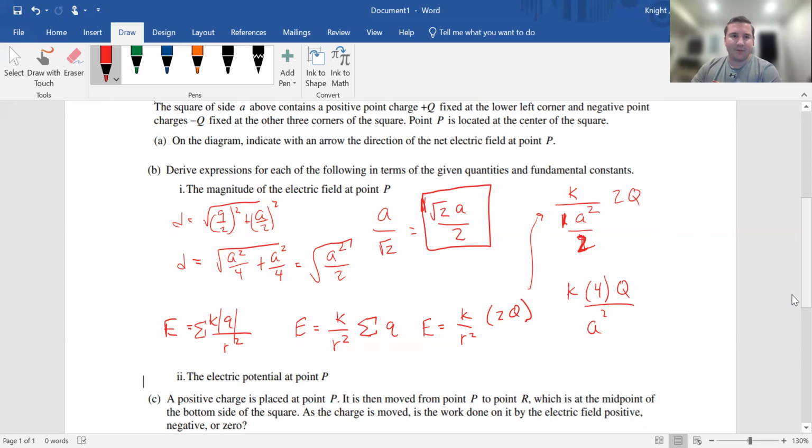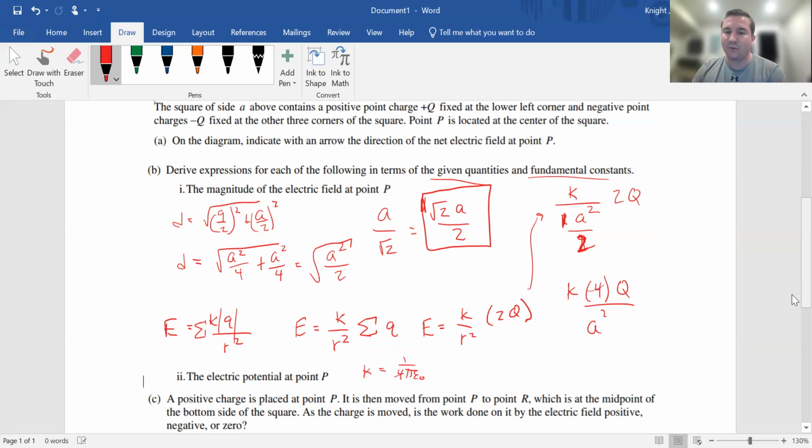And it says we should have this in given quantities and fundamental constants. Now, unfortunately, K is not a fundamental constant, but K is equal to 1 over 4 pi epsilon naught. And 1 over 4 pi epsilon naught is constants, so we could replace it there.